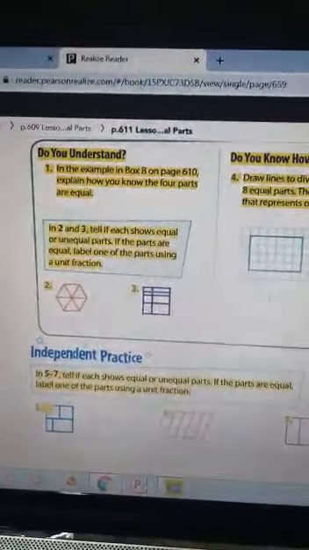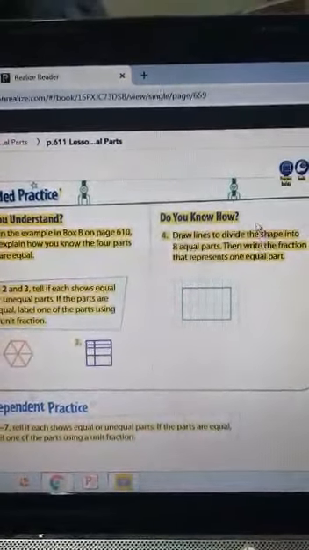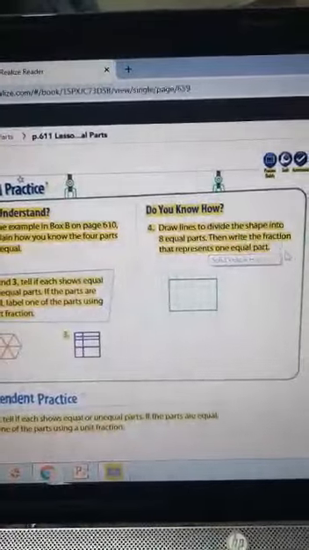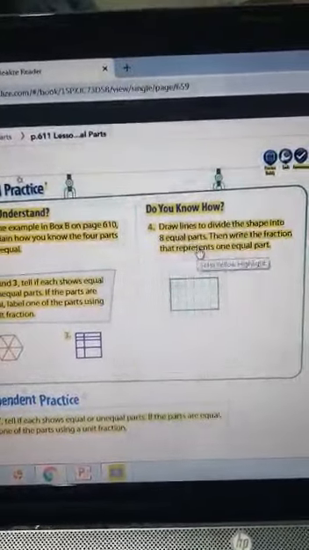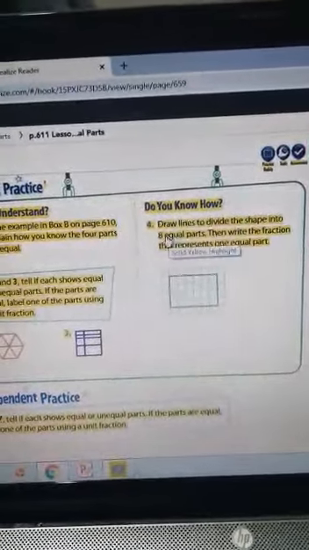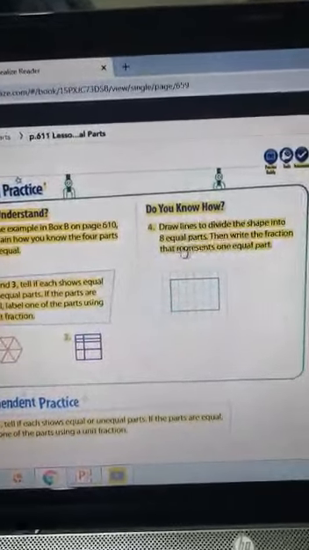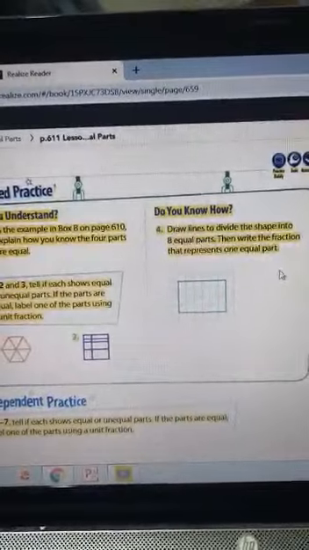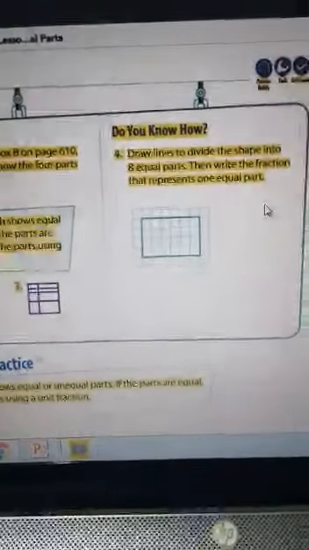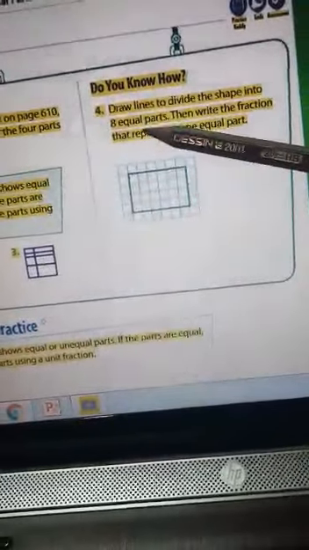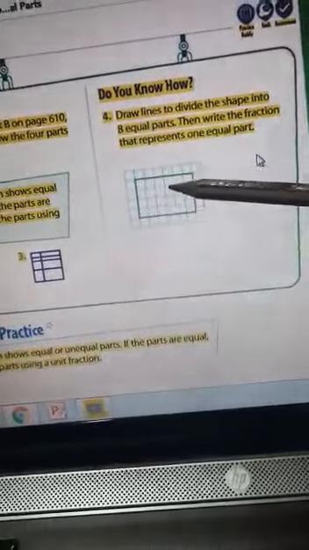Now question number 4. Draw lines to divide the shape into 8 equal parts. So how many will you divide it into? 8 equal parts. Then write the fraction that represents 1 equal part. After you divide it, they said equal parts. So first you will divide into 8 equal parts. You have the shape.